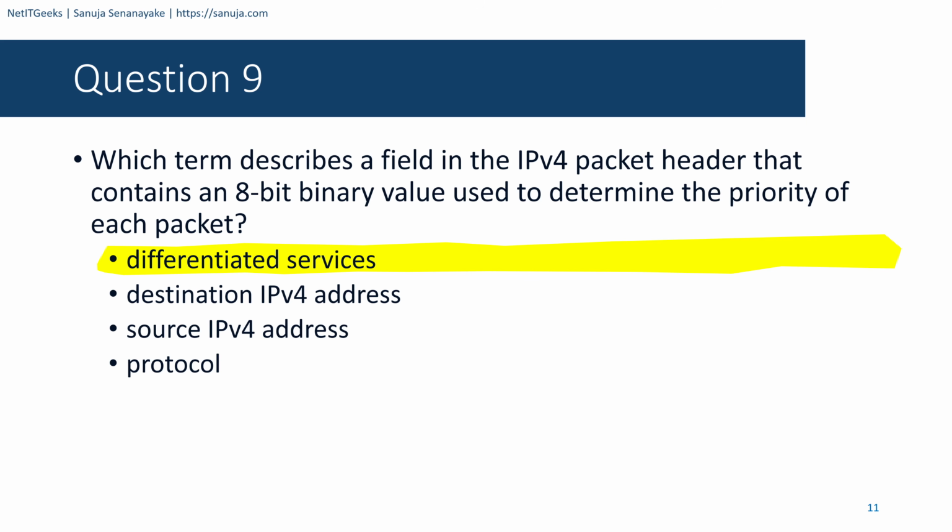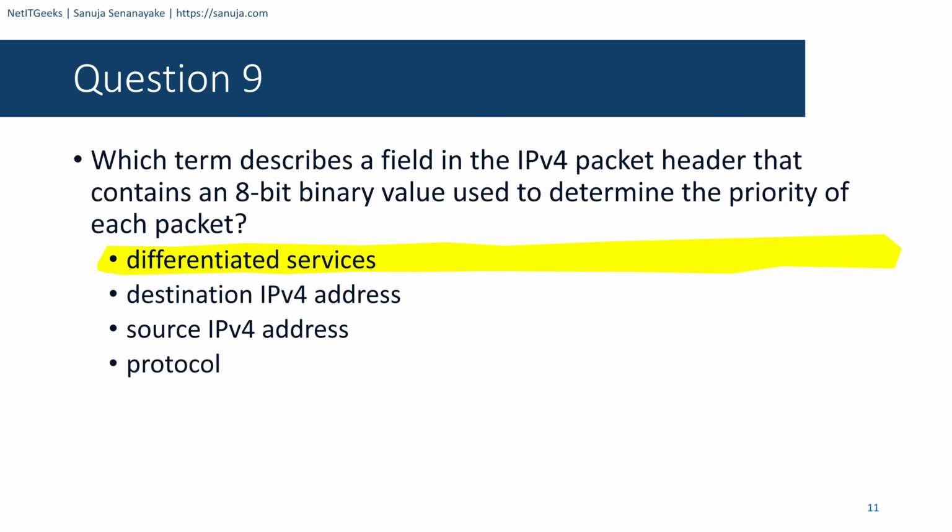Later, it was superseded by diffserv technology, often described as diffserv in the industry, which uses the first 6 bits, and that value we call the differentiated services code point, or DSCP. So the DSCP is part of the diffserv technology that uses the first 6 bits.